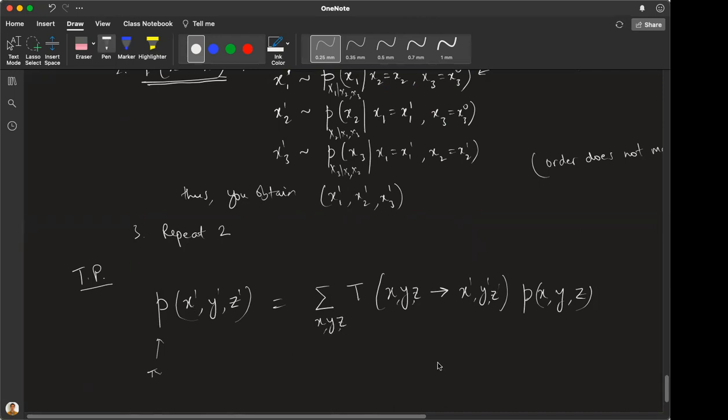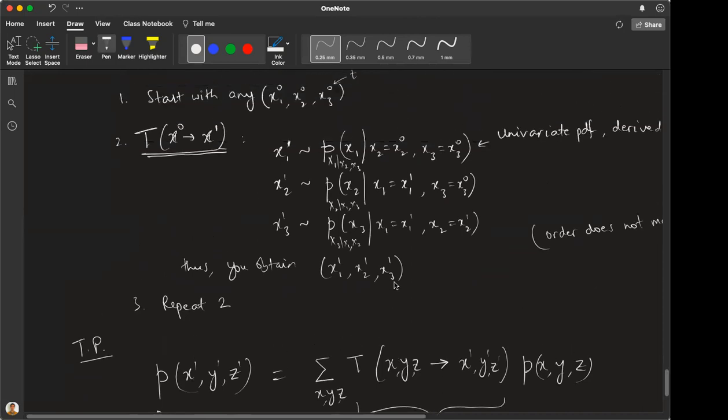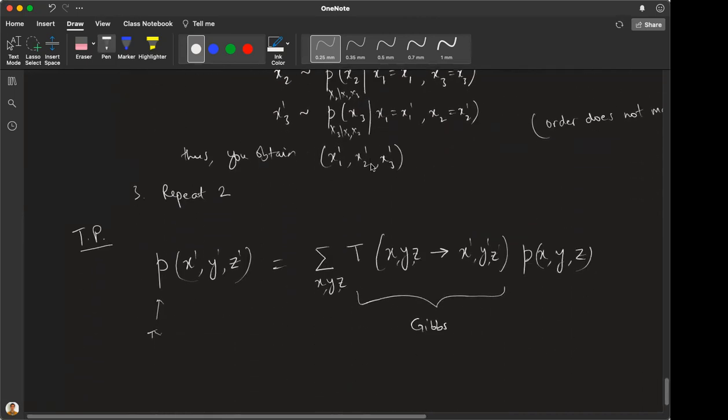Basically, this is the original equation for the Markov chain, and we are saying that this is the Gibbs sampling algorithm which we have just defined above. So we want to prove that with this algorithm, this condition is satisfied.